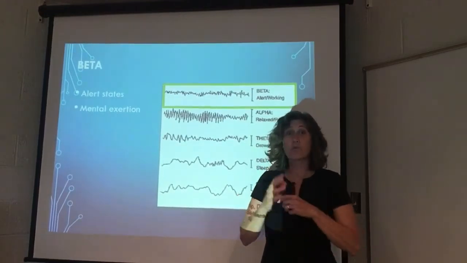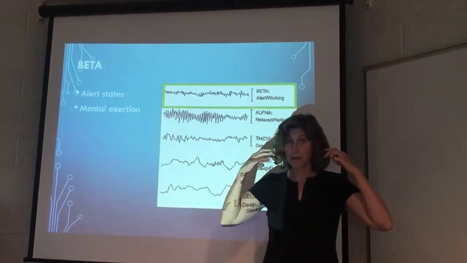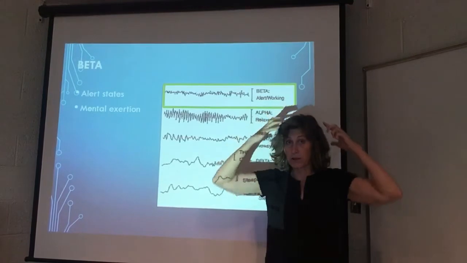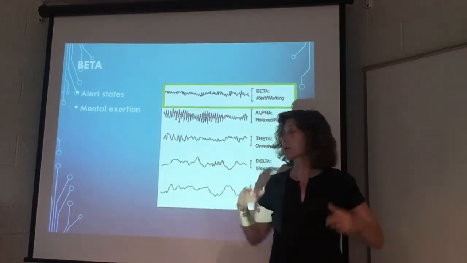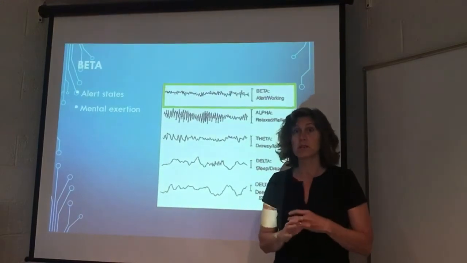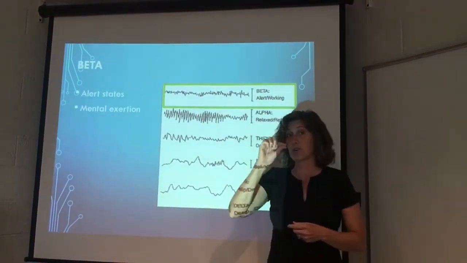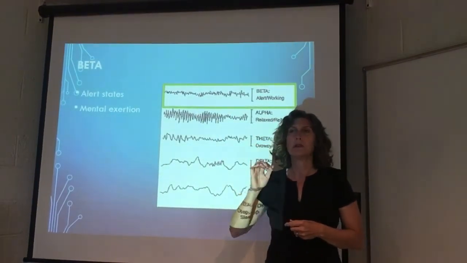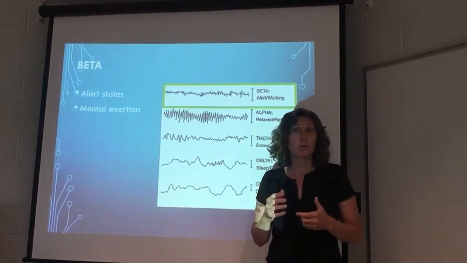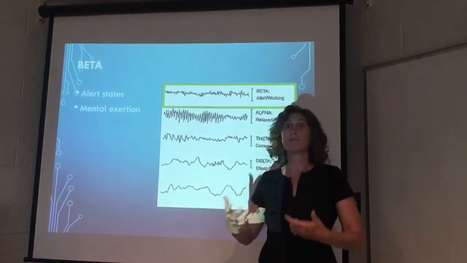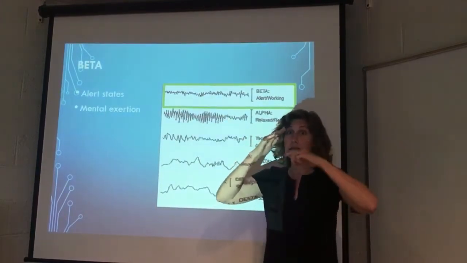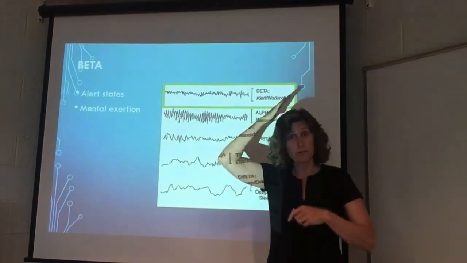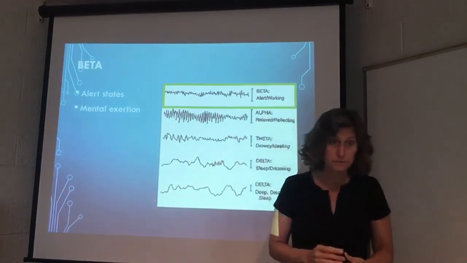There's a ton of waves. Again, it's all aggregated at the scalp level, what is going on among millions of neurons within the brain. And so they're canceling each other out, and it appears to be a very low amplitude. Don't mistake that for a low level of awareness or a low level of activity. It's just that the positives and negatives are canceling each other out at the level of the scalp where we're measuring it.